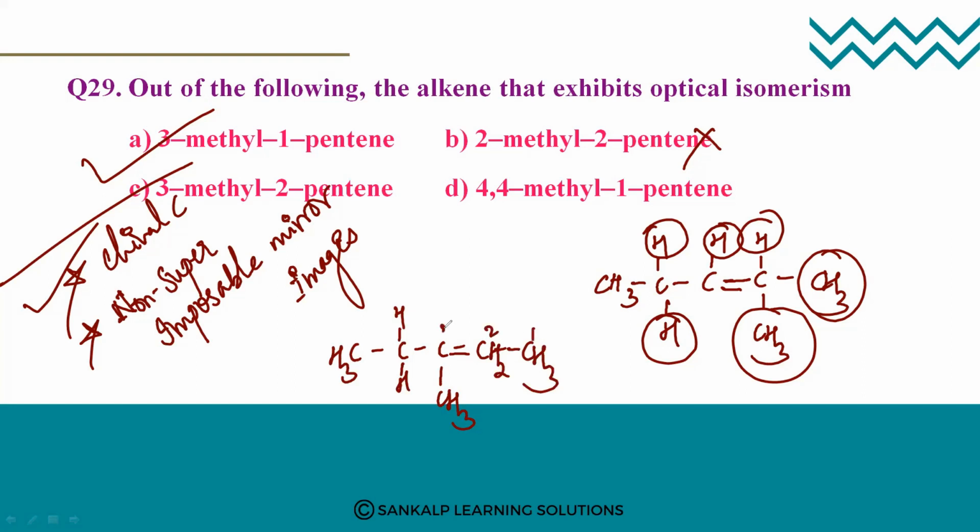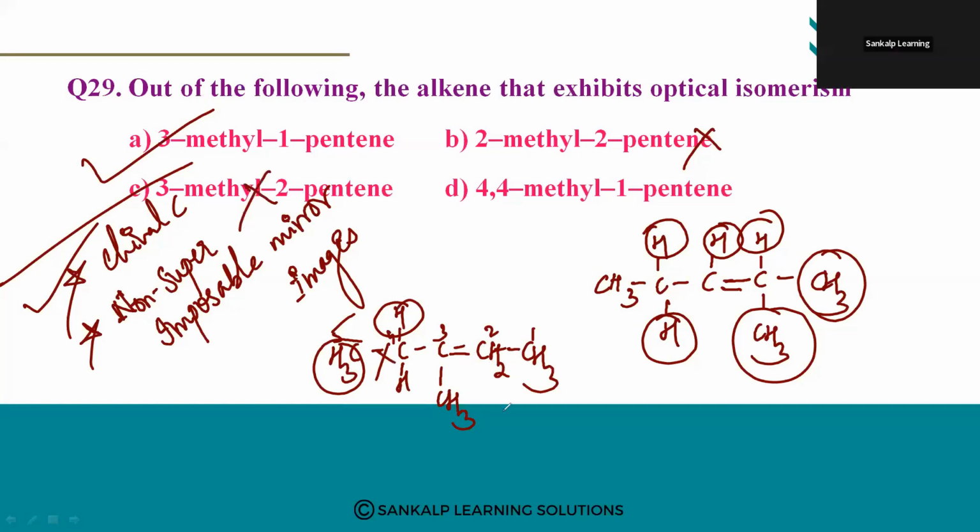So 1, 2, 3, 4, and 5. Okay, so this is 5, that is 3-methyl 2-pentene. Now you check 1, 2, this is not a chiral carbon. This is also not a chiral carbon. So first condition is not satisfied. Okay. So it is not having a chiral carbon center.